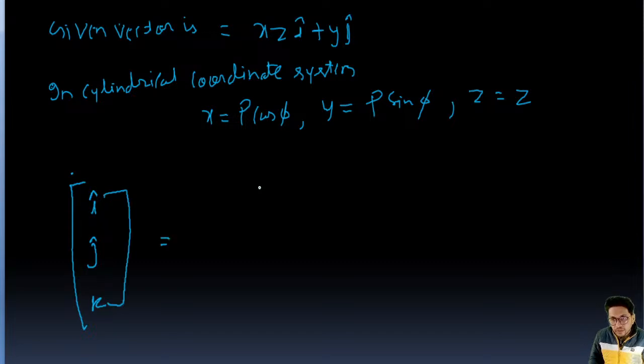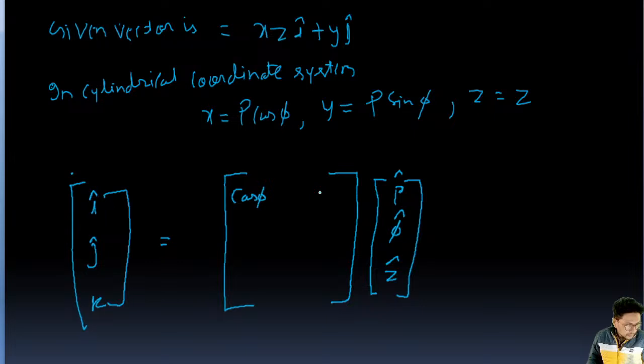This is equal to, we'll take a 3 by 3 matrix, with rho cap, phi cap, z cap. If you know this, then you can easily convert a vector in the Cartesian system into a cylindrical coordinate system. So this is cos phi, minus sin phi, 0; sin phi, cos phi, 0; 0, 0, 1. Okay, so we'll solve this equation.